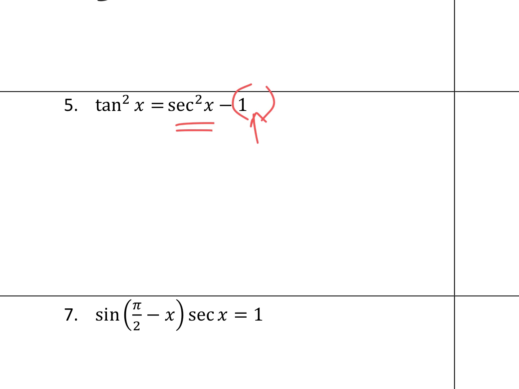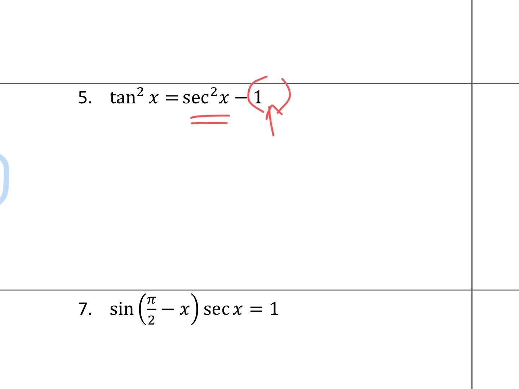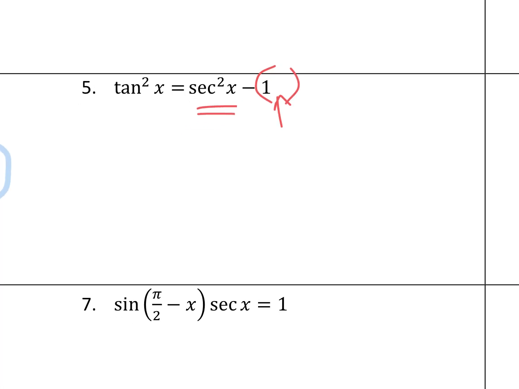So do you see anything that has a 1 and a tangent in it? I do. I'm going to write it right here. Tangent squared. This is just me taking notes off the sheet. I'm going to change it to an x. The sheet's in theta, but our problem's in x. So I'm just going to change it to an x.